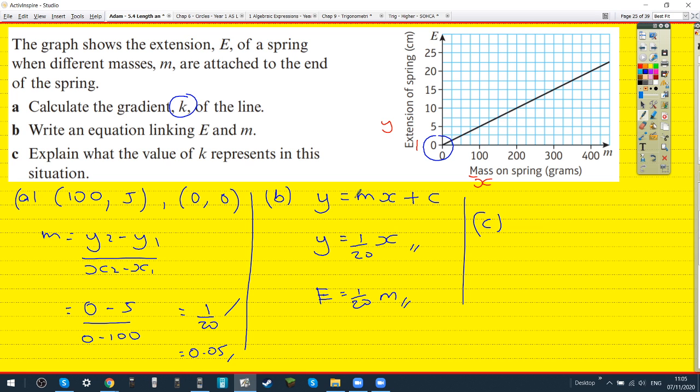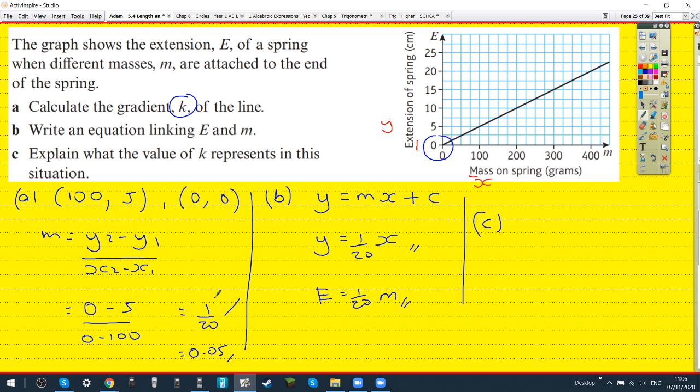Yes. So for this one, you have to show the connection. So the gradient is like for every one right, how many up does the line go? In this case, for every one right, this line goes up by 0.05.